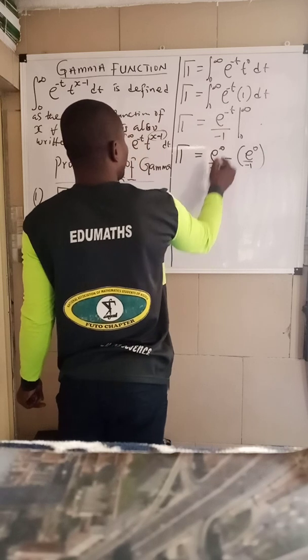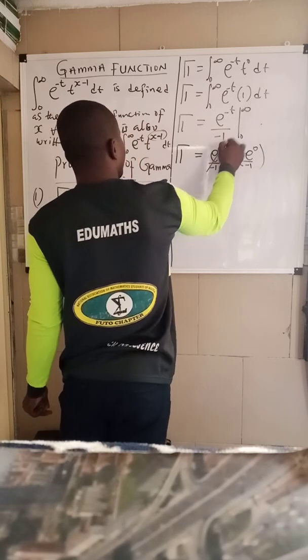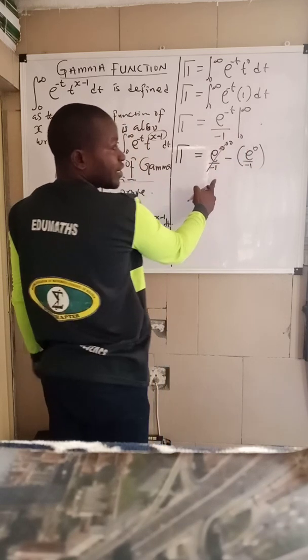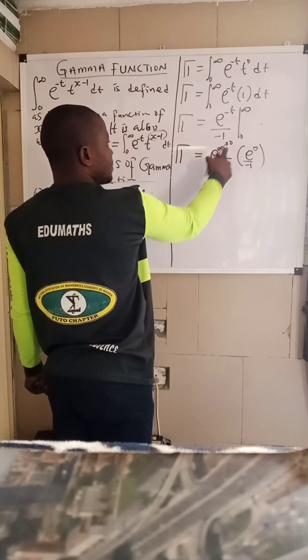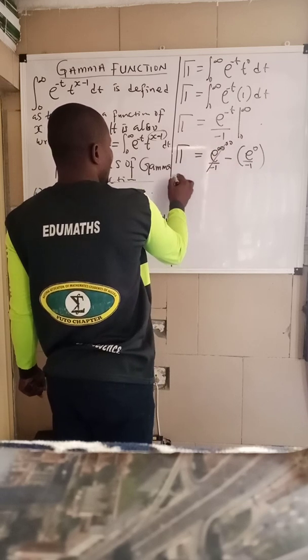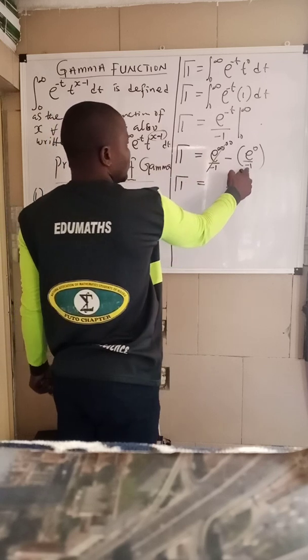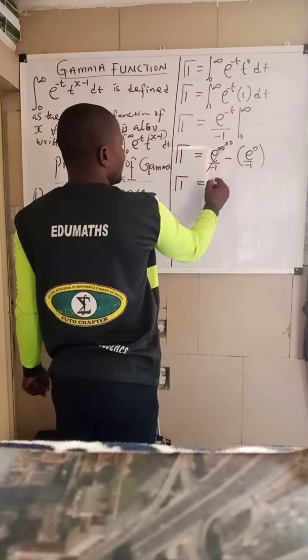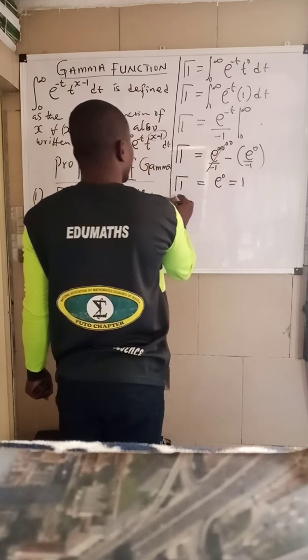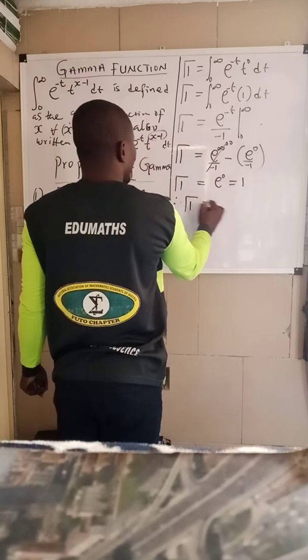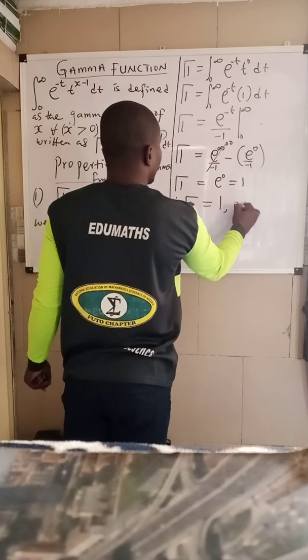Now from here, the first part becomes 0, since e raised to minus infinity becomes 0. So we have that gamma 1 is equal to minus times minus, which gives us plus e to the 0, which is equal to 1. Therefore, gamma 1 is equal to 1, as we have proved it.